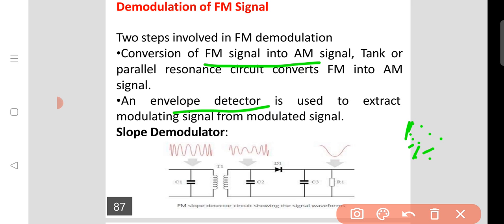In order to eliminate that threshold effect, we also employ pre-emphasis and de-emphasis circuits in FM modulators. About the pre-emphasis and de-emphasis circuitry, we will discuss later. For our present topic, demodulation, you just remember the 2 points.